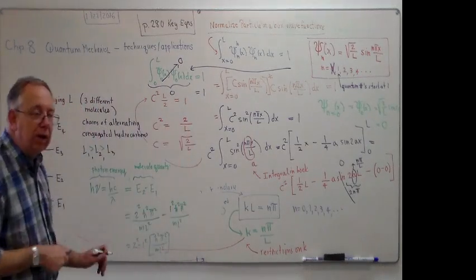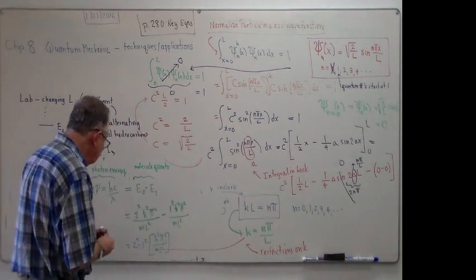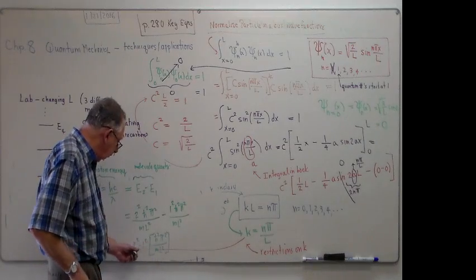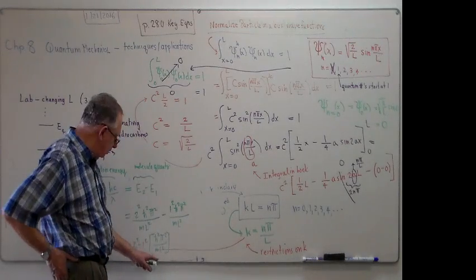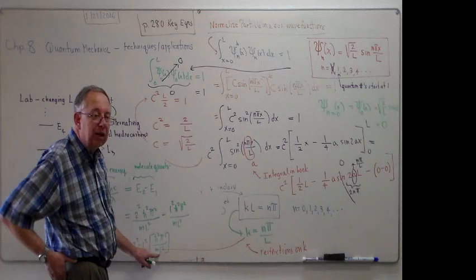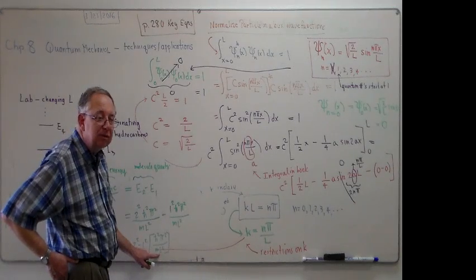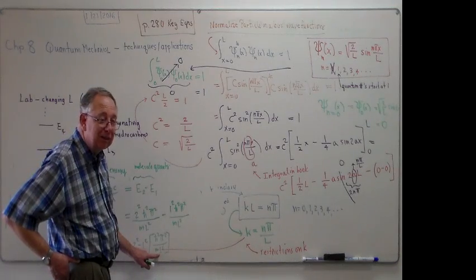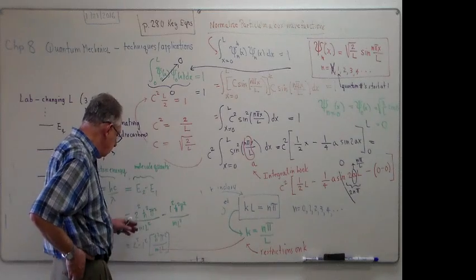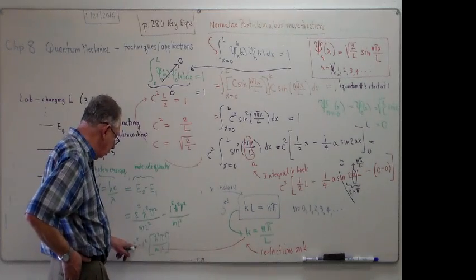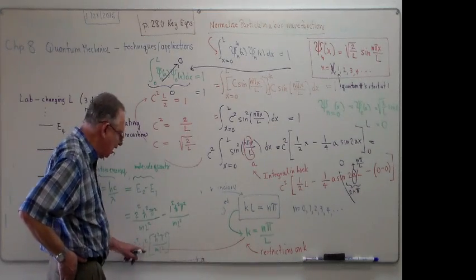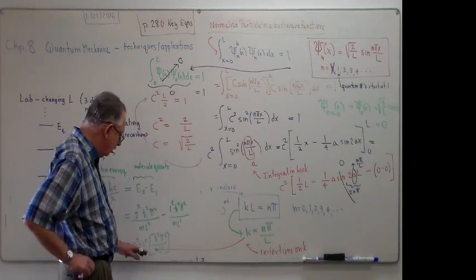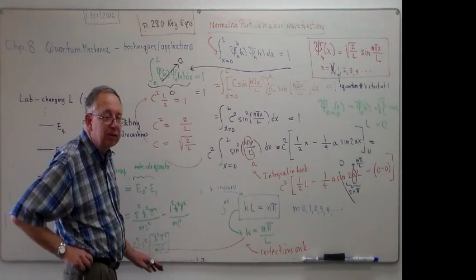Now notice this energy gap is going to get smaller when L gets bigger. Right? Yeah. Let's assume in this case we're going to the second quantum level minus the first. That's the same in every one. That's the lowest one you can do.